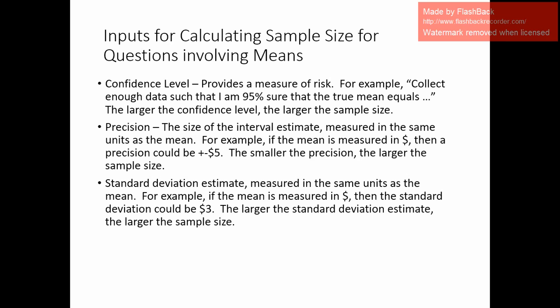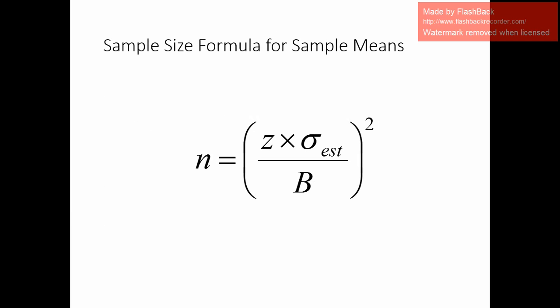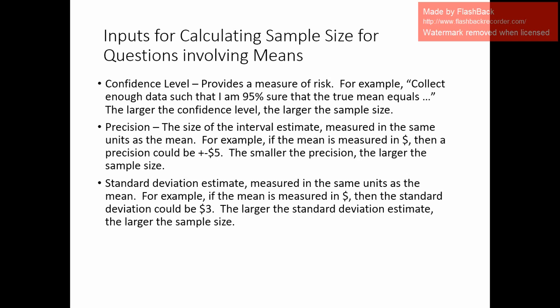We calculate Z based on the confidence level. So one of the inputs is how confident do you want to be? The more confident that you want to be, the larger the sample size. A second one is B. B is your precision. How tight do we want to be when we come up with something. I want to have enough data so that I'm plus or minus some amount in the units of measure.